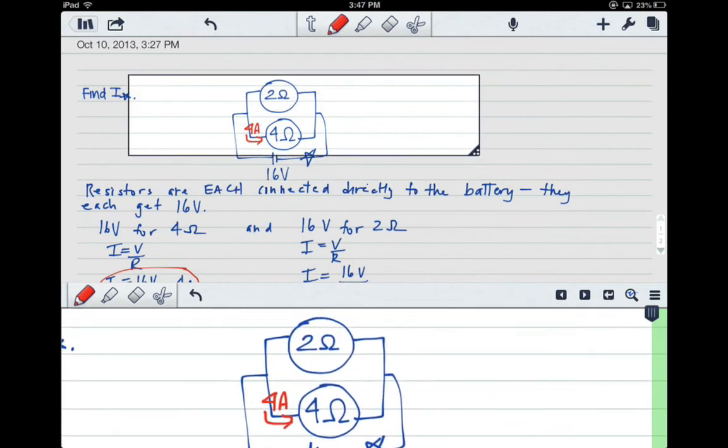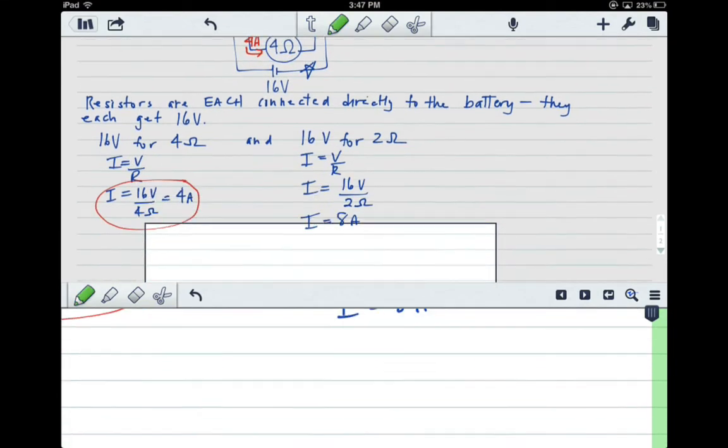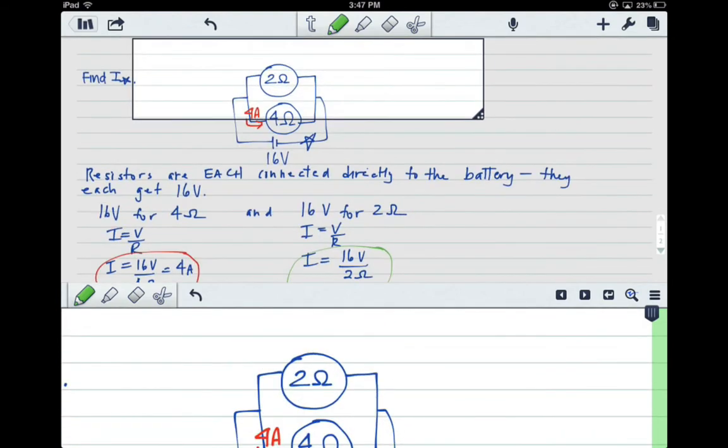And this calculation tells me that there are 8 amps going through that branch.